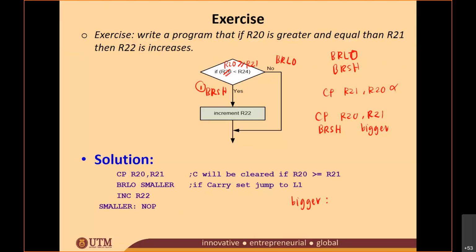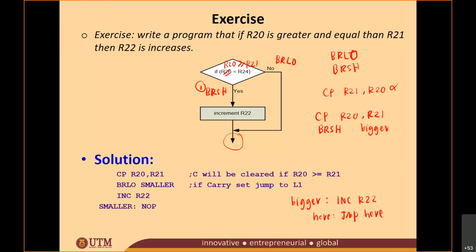Next you're going to increment R22, and after that you exit from this statement. So we just put jump here. This is for the bigger case.